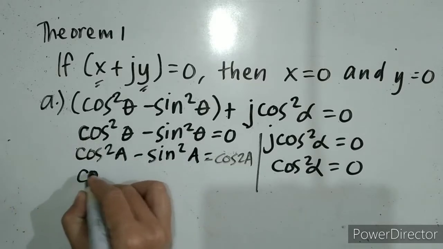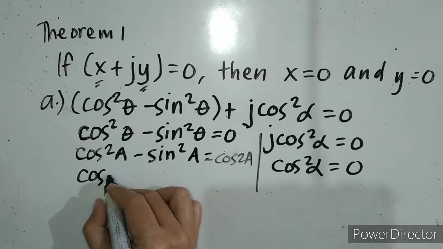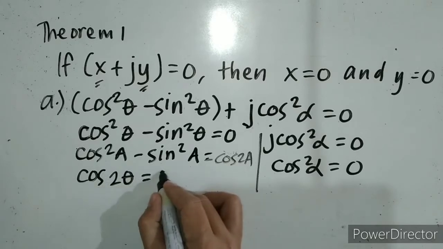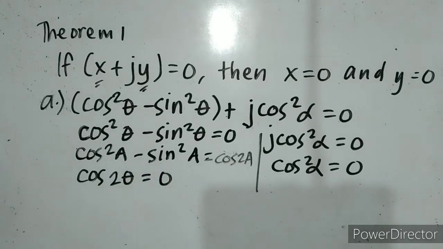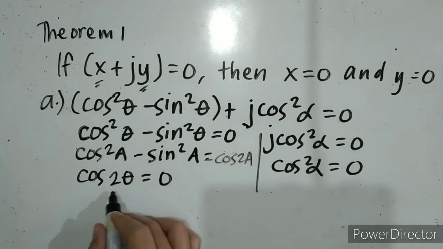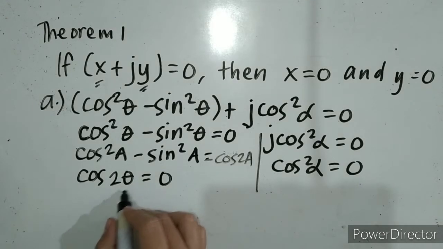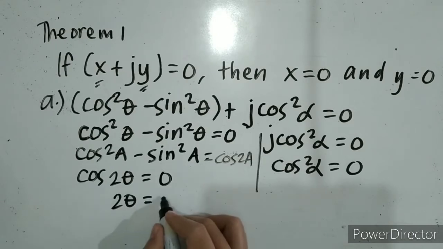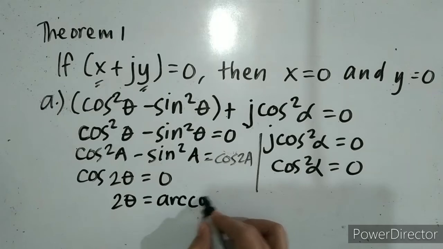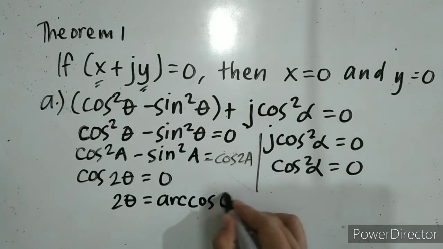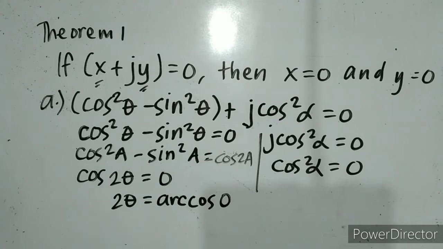So this becomes cosine 2 theta equals 0. What is the value of theta? We take the arc cosine of 0 in order to obtain the value of theta.